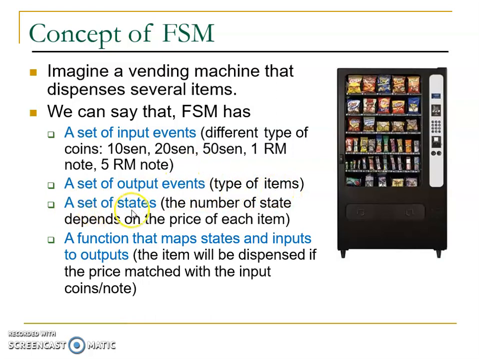And a set of states, where the number of states depends on the price of each item. And a function that maps state and input to output. So the item will be dispensed if the price matches the input coins or not. For example, if we want to get one item and the price is 30 cents, we have to put 10 cents plus 20 cents, or 20 cents first and then 10 cents, and you can get the output.